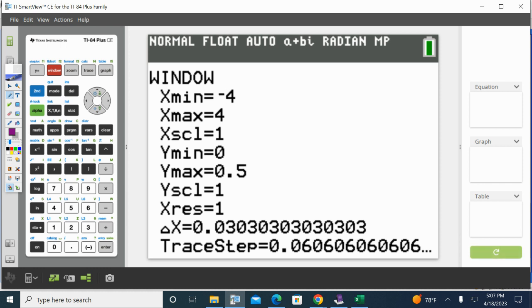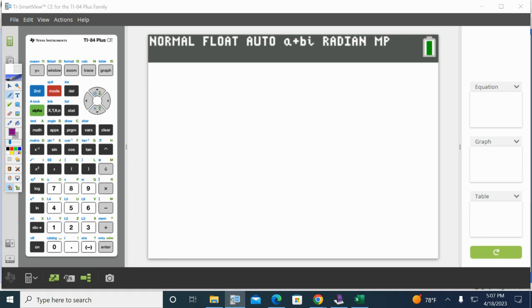The x min needs to be -4, which I already have. The x max needs to be +4, which I already have. Do not change the x scale, just leave it as a 1. Your y min needs to be 0, and your y max needs to be 0.5. The rest of this does not matter. You're going to leave it alone, okay?